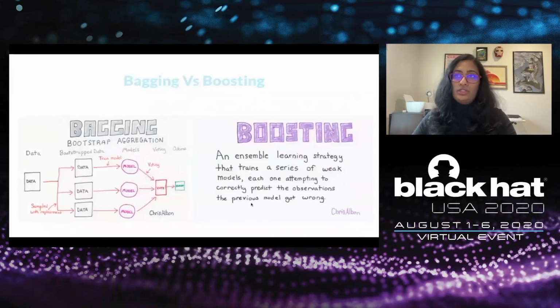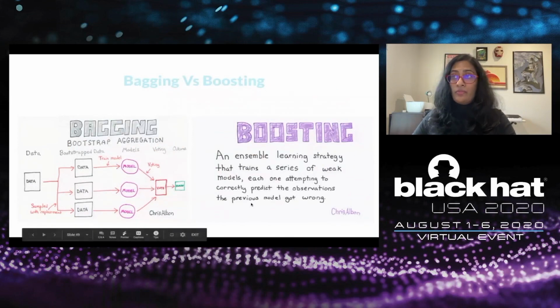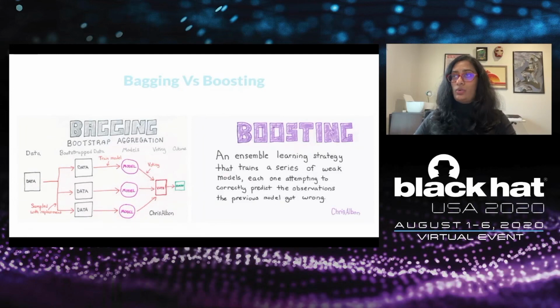Random forest uses decision trees, which are very prone to overfitting. In order to achieve higher accuracy, random forest creates a large number of them based on bagging. Now, bagging, the basic idea is to resample the data over and over again, and for each sample, it trains a new classifier.